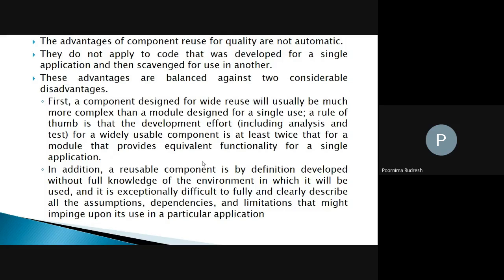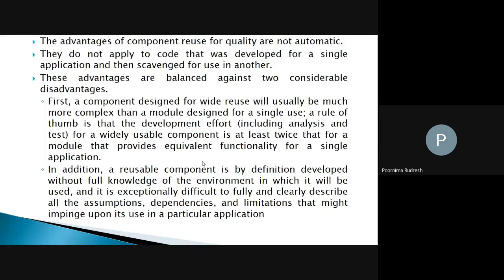Okay, so we have developed a particular component according to the requirements given, but without considering where that component is going to be placed or operated, meaning we are not considering the environment. Then what happens is it is exceptionally difficult to fully and clearly describe all the assumptions, dependencies and limitations that might impinge upon its use in a particular application.